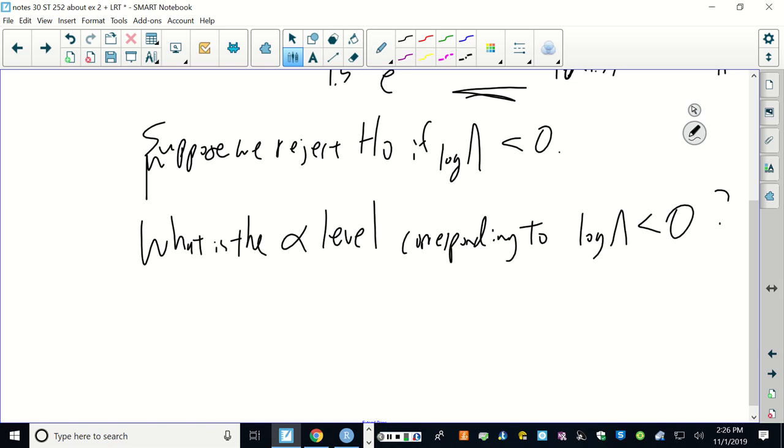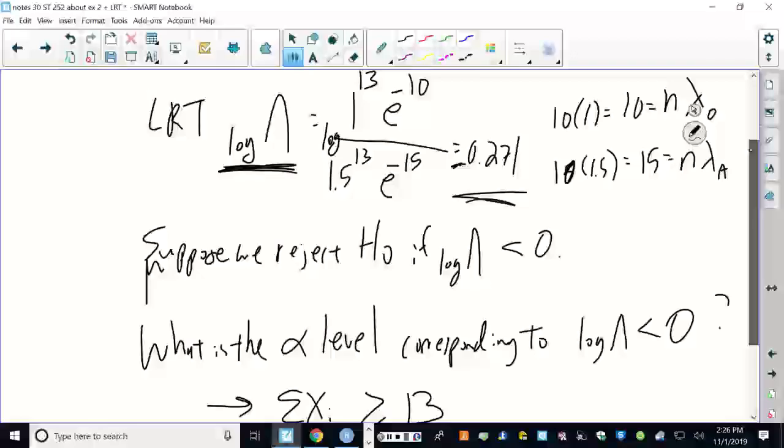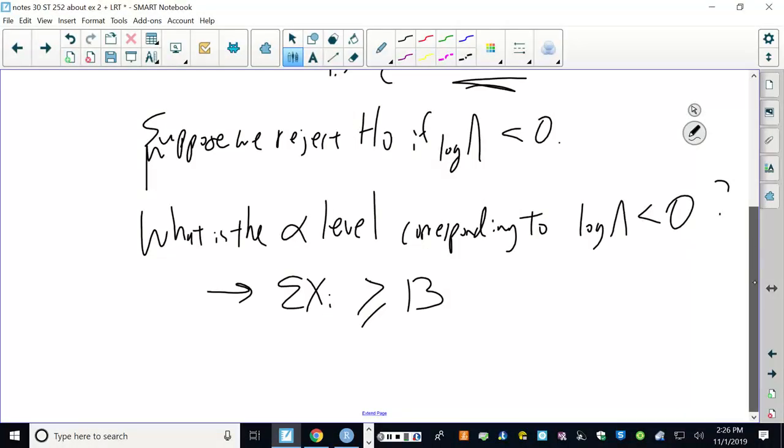Well, you can figure out that this thing implies that the sum of the xi is greater than or equal to 13. How would you do that? If you put a value of, well, it's a little, let's see if I have it clearly now. Here.